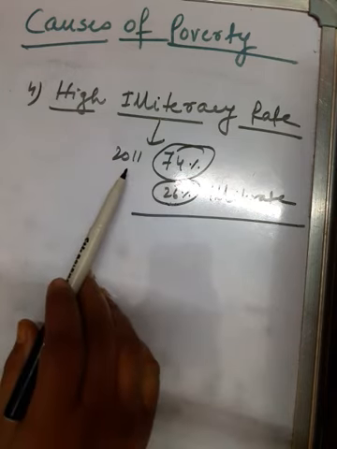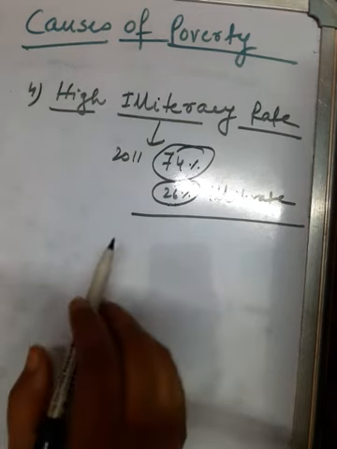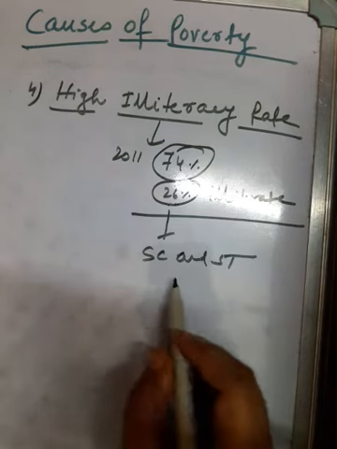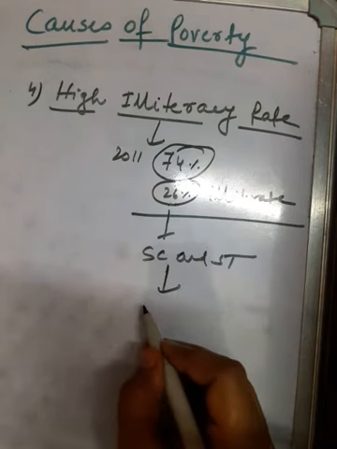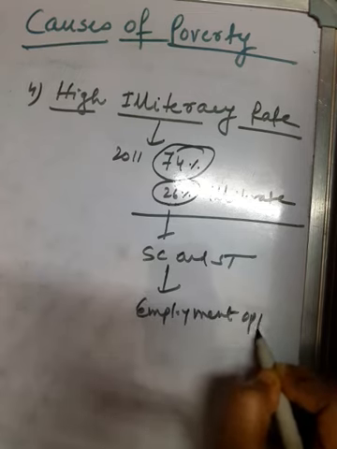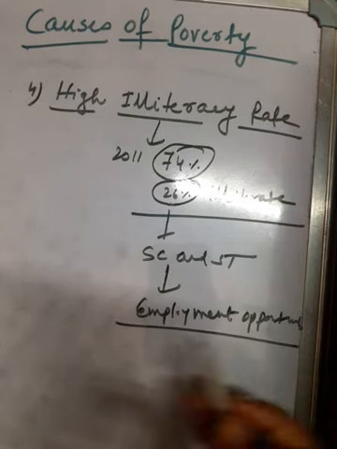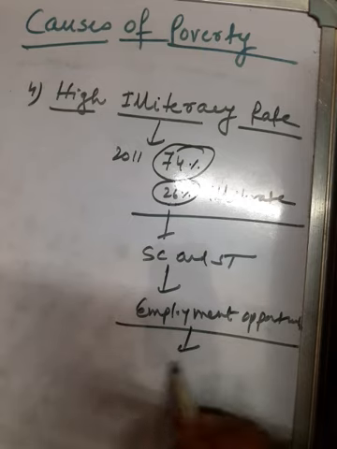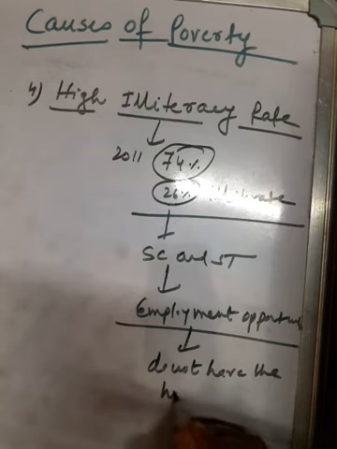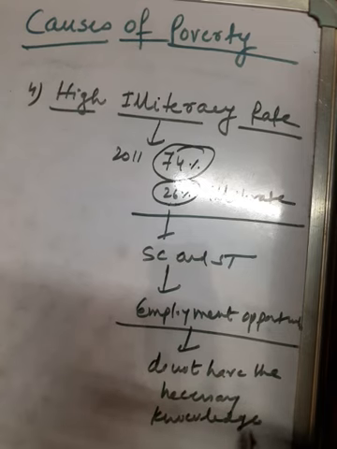Especially the weaker sections of society have to take up low paid jobs due to lack of knowledge. The scheduled castes and scheduled tribes are not able to participate in the emerging employment opportunities in different sectors of the rural and urban economy, as they do not have the necessary knowledge and skills.